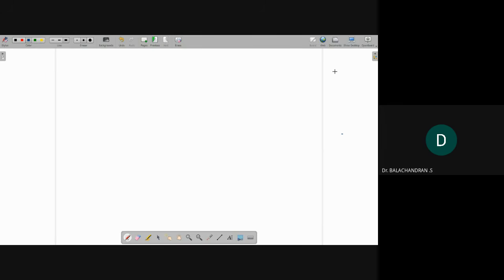So imagine this is a closed surface, capital S. If you cut it by a plane, you get two surfaces. This is C. I call this S1, and this is S2.